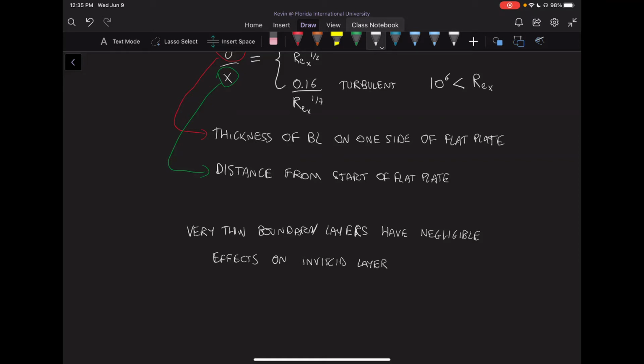And for this, we can say that if we have a very thin boundary layer, we can also say that the pressure distribution on the flat plate or around the flat plate can be computed from inviscid theory.